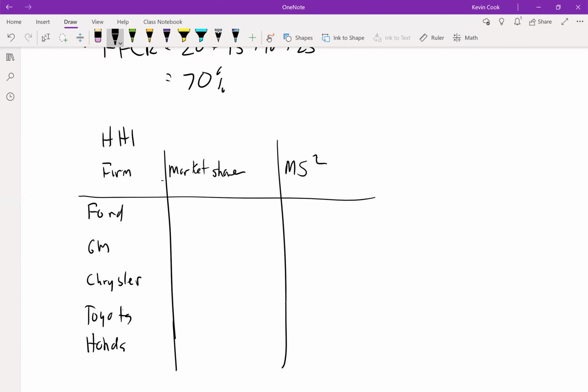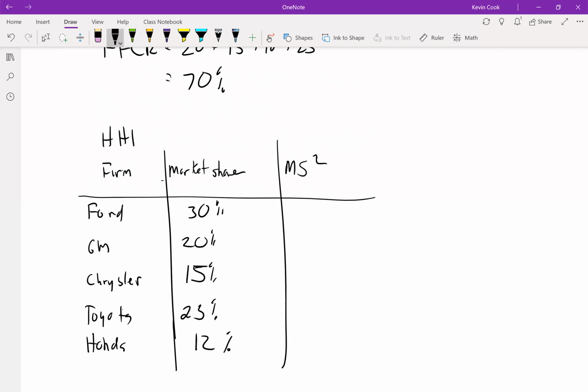Suppose Ford has 30% market share, GM has, say, 20, Chrysler maybe has 15, then Toyota will have, say, 23, and Honda will have 12. And all these are percentages: 30%, 20%, 15, 23, and 12.